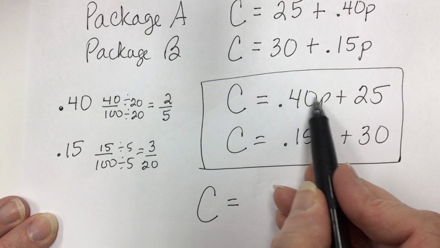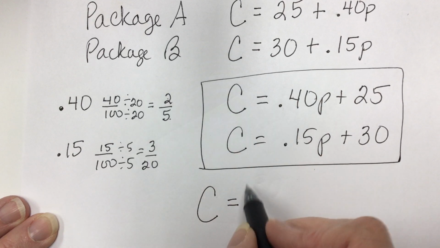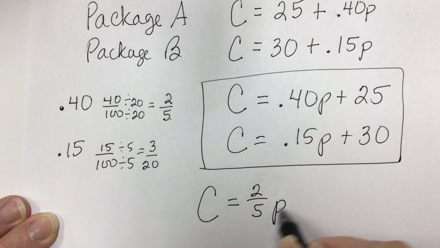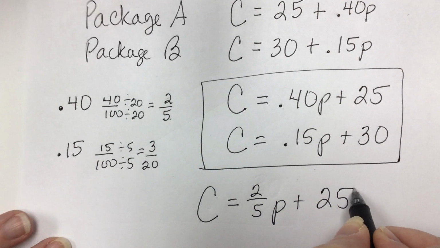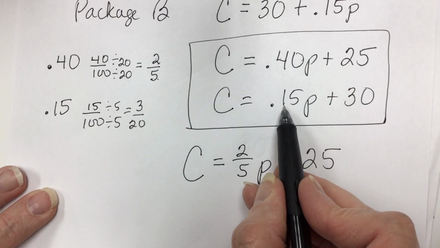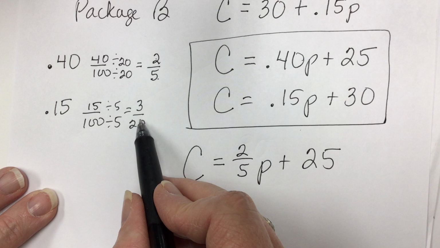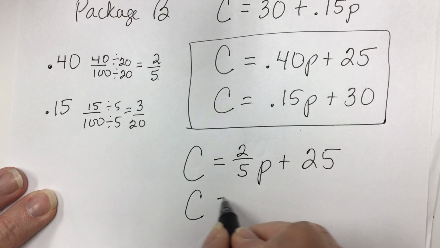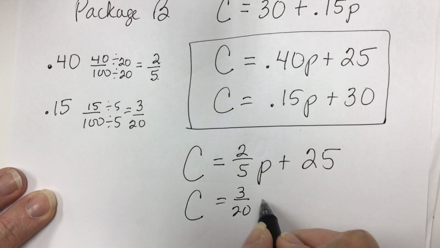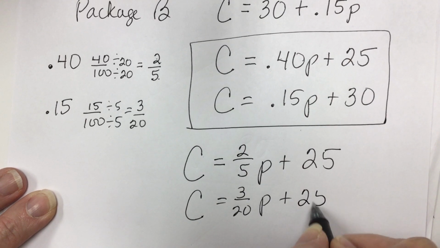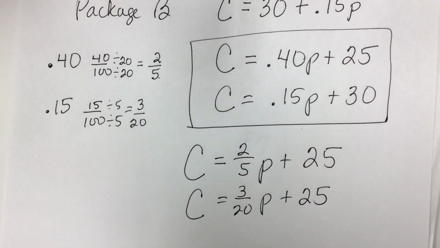I'm replacing 0.40 with 2/5, so C is equal to 2/5 P plus 25. And then I'm replacing 0.15 with its fractional representation, so it's C equals 3 over 20 P plus 25. So those are the two equations that we need to graph. We are graphing this system of equations and we are finding the point of intersection.